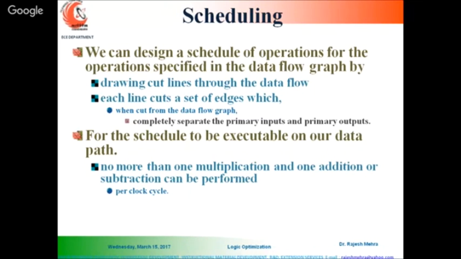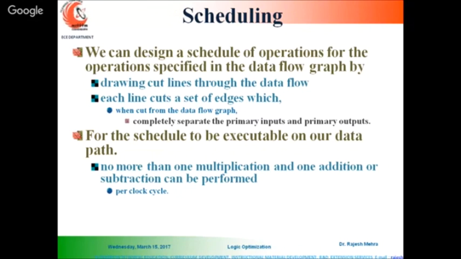Some part of your design will be active at some time, and after some time some other part will be activated, and then some other. Based on this, you have to draw cut lines. For drawing these cut lines, you have to follow some rules. You can't draw them blindly.